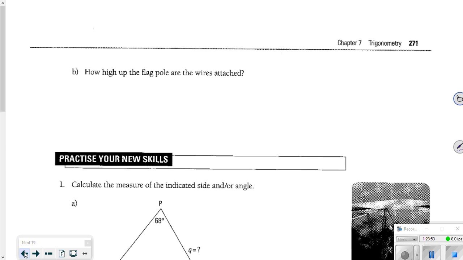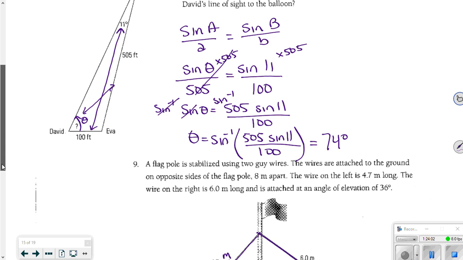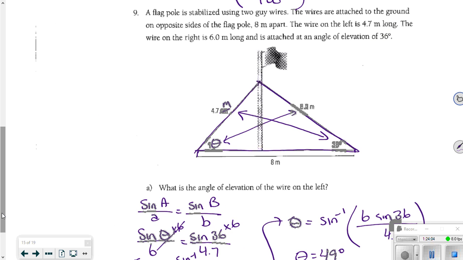Last question says, how high up the flagpole are the wires attached? So if I go back to our diagram, we're looking at how high up the flagpole is attached. So I'm just going to off to the side draw this little triangle out. So flagpoles, we can safely assume that this one is a right angle.